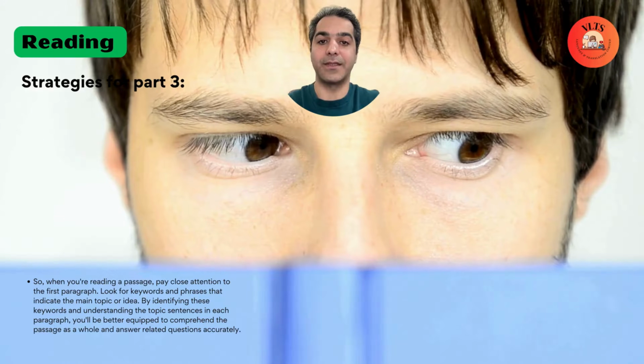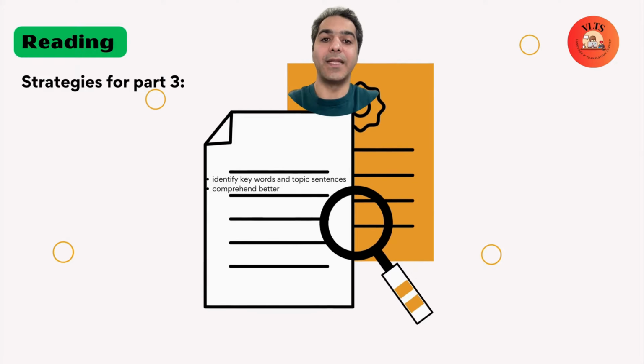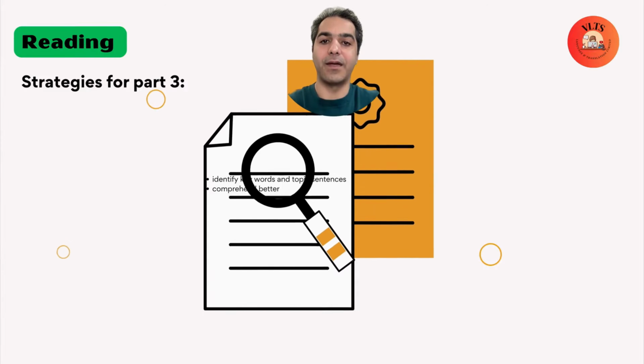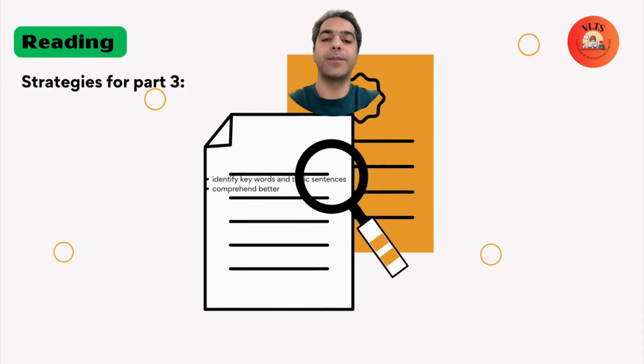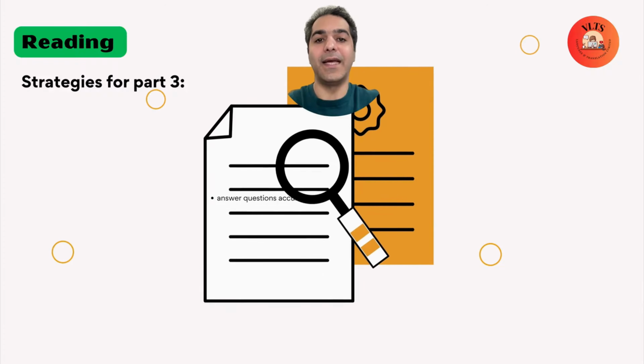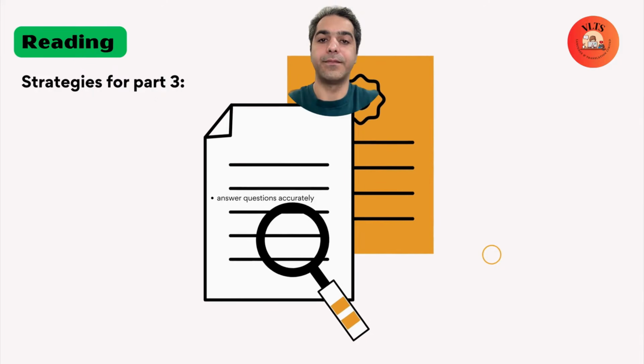Look for the keywords and phrases that indicate the main idea or topic of that passage. By identifying the keywords and topic sentences in each paragraph, you'll be better equipped to comprehend the text as a whole and answer related questions accurately.